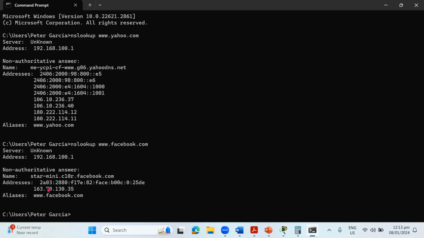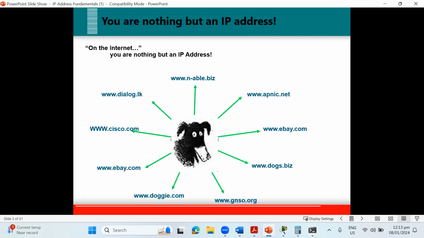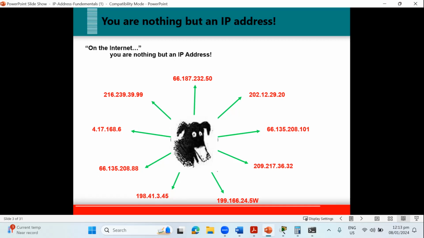Pero sa likod ng certain alias or name na yan, they have corresponding IP address. Katulad nga sinabi natin last time, gaano kadami yung IP address na kaya mong kabisaduhin? Unless, lalagay mo yan sa notepad o gagawa ka ng certain notes para ma-save mo lang yung bawat site na pinapasok mo.